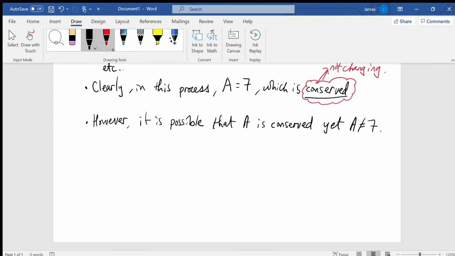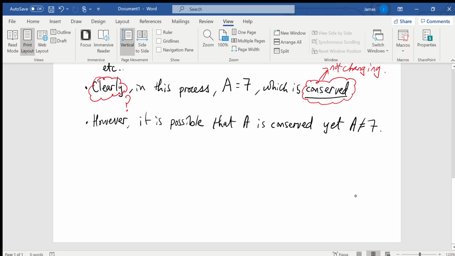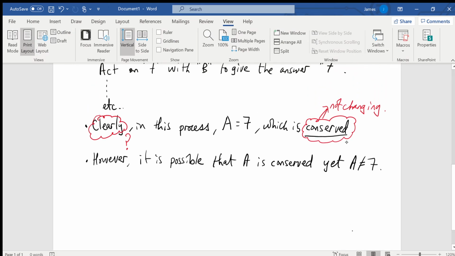So this casts doubt on our clearly statement earlier. So it's not so clear anymore. So I want to try and qualify, again, with little to no mathematics, that it looks like, based on the data, A is equal to 7, and that seems to repeat, it doesn't change, so it's conserved. So it's not changing, but there's no reason to think that A is equal to 7. So that sounds weird. At least initially it should sound weird.